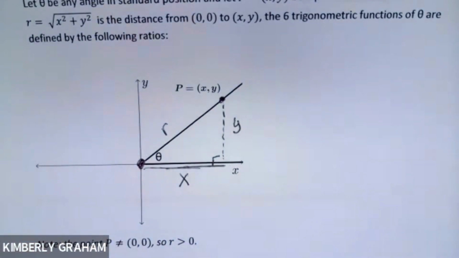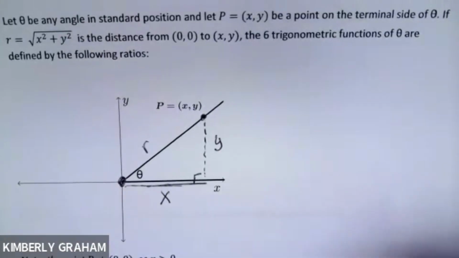And if I want to find a formula for what r is, I can look at the Pythagorean theorem and figure this out, or I can use the distance formula. The distance formula is based off of the Pythagorean theorem.